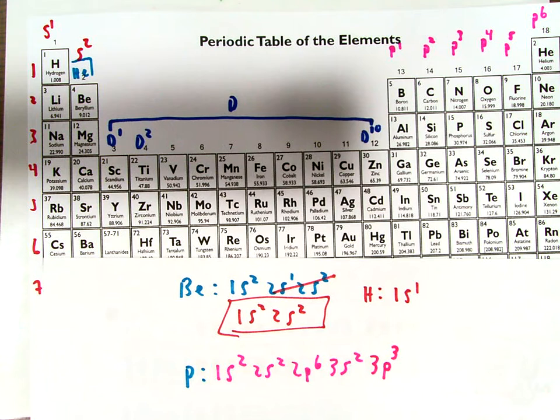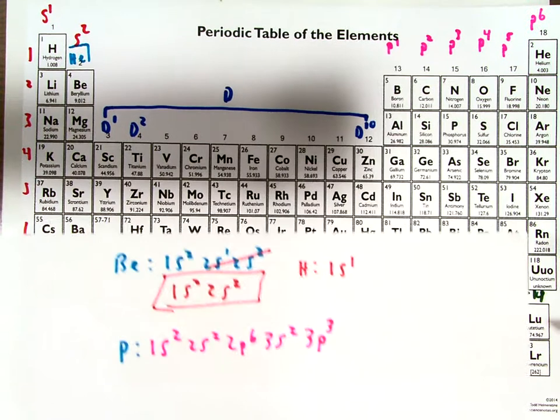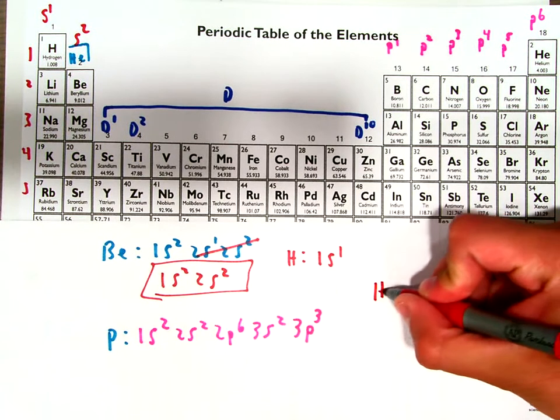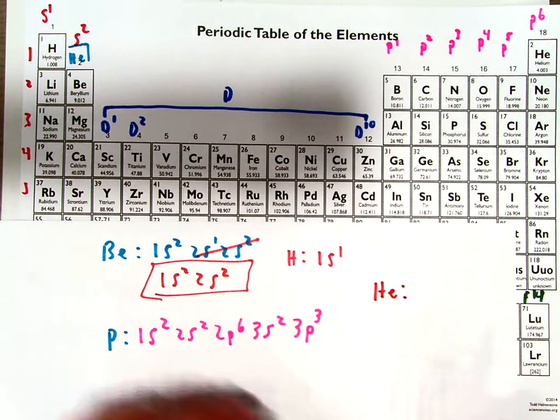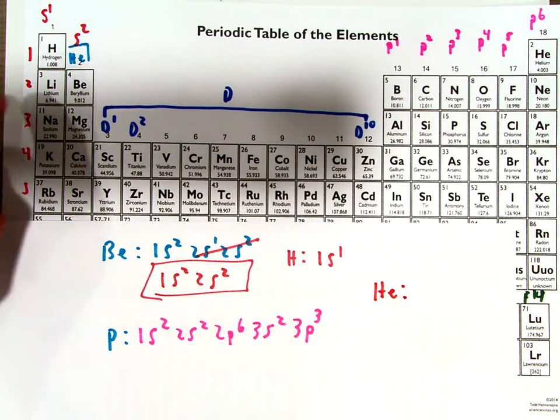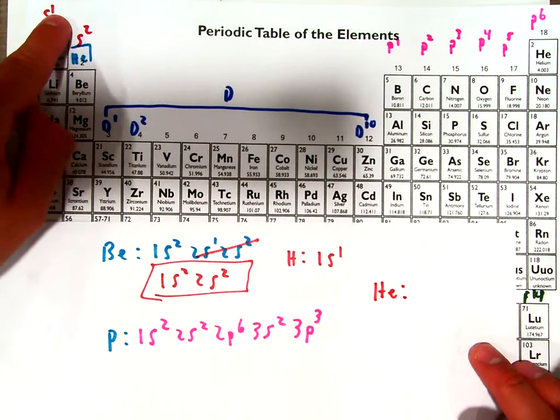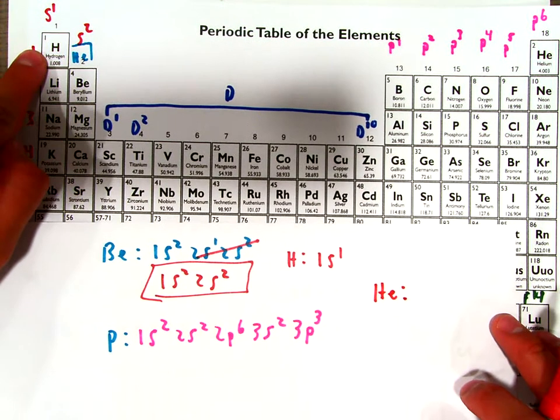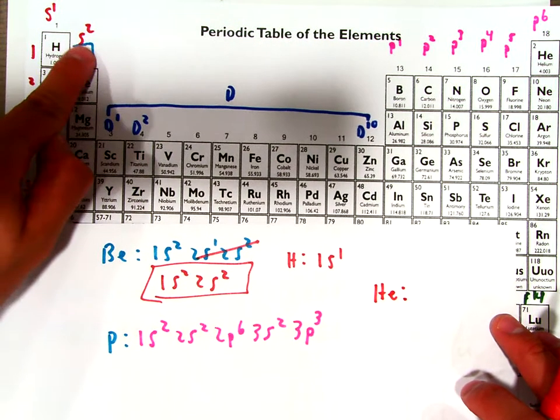Okay? Alright, let's do one easy one and then we'll go back to one difficult one. Okay? Let's do helium. Helium has 2 electrons. So remember, first we fill up the 1s1, then we fill up the 1s2.